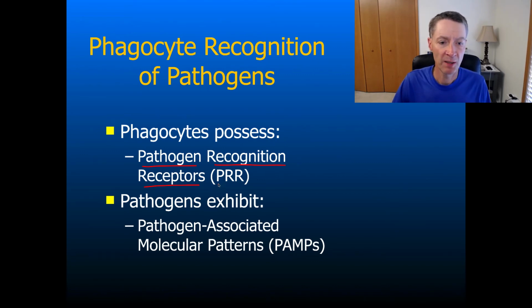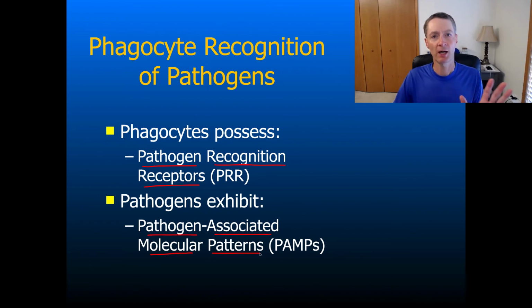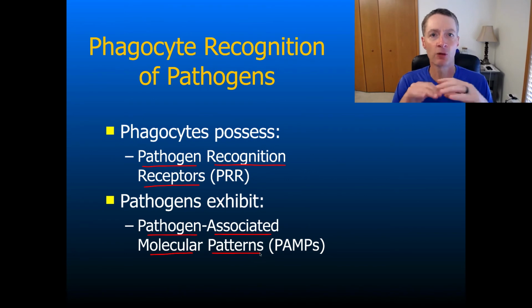It's abbreviated PRR. And it just so happens that pathogens exhibit certain molecular patterns on their surface that these PRRs can recognize. So the pathogens come in with what are called pathogen-associated molecular patterns. Now, these patterns are pretty cool, and it gets really complicated very quickly, but I just want you to know these are not just physical patterns.